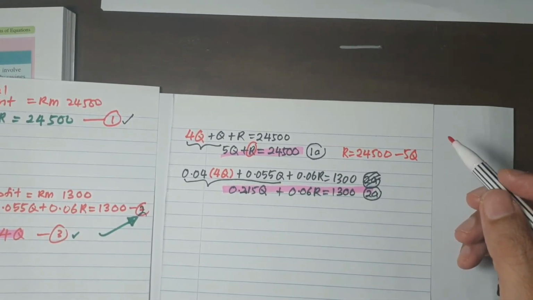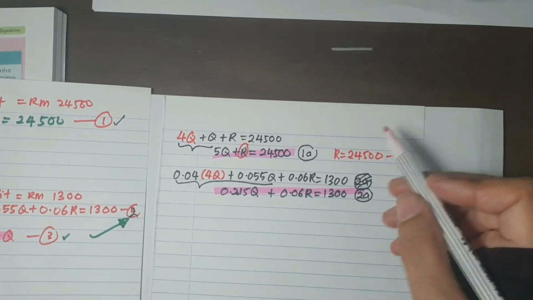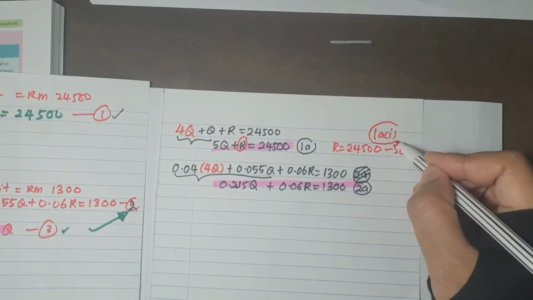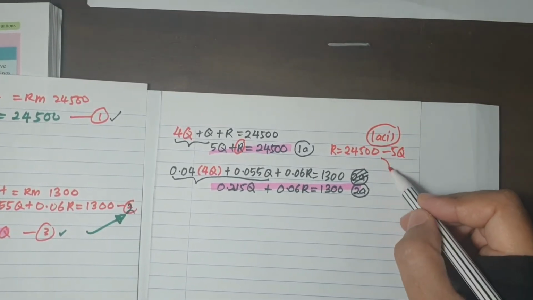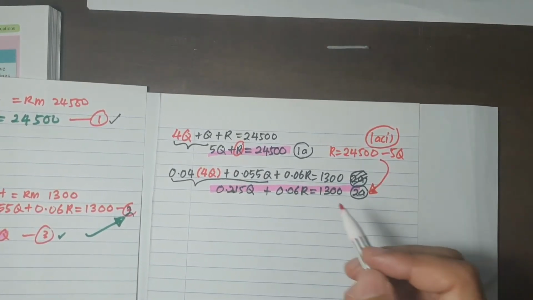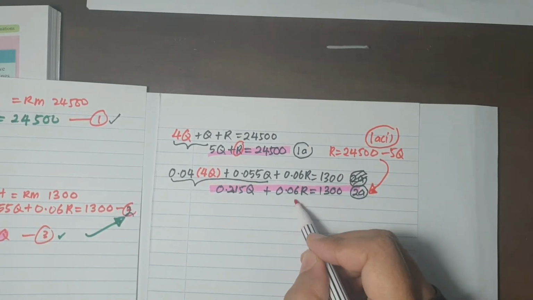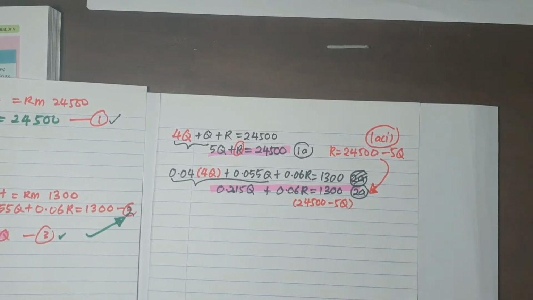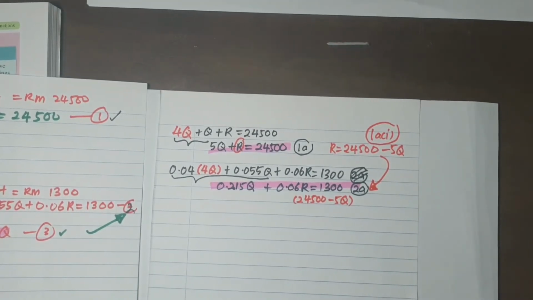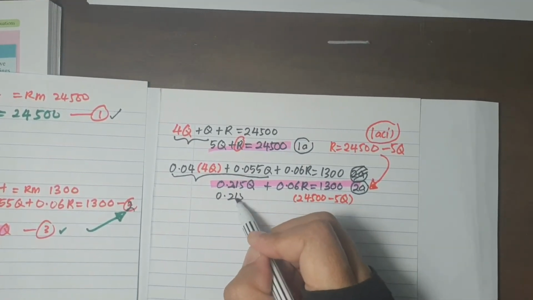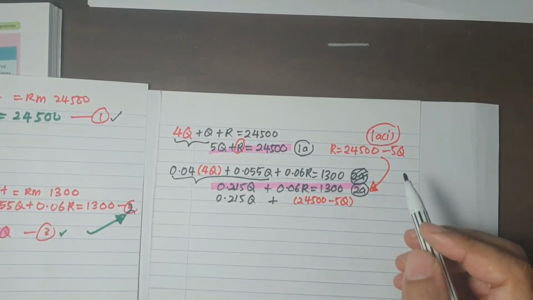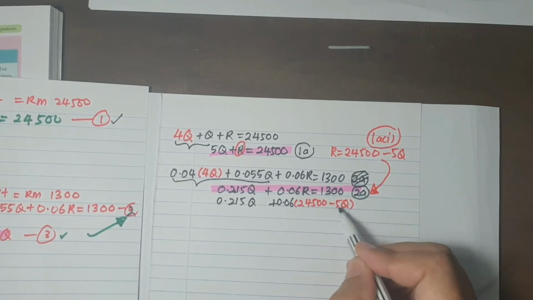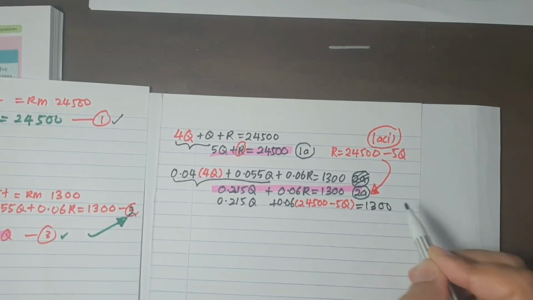Let it be your 1A1 equation. So 1A1 masuk dalam 2A. So R is 24,500 minus 5Q, plus 0.06 times R, R is this one, equals 1,300.